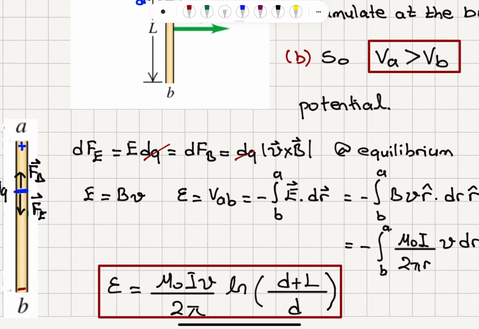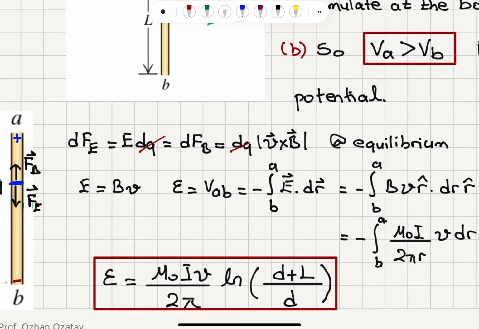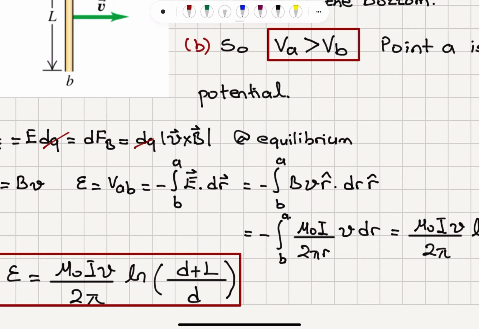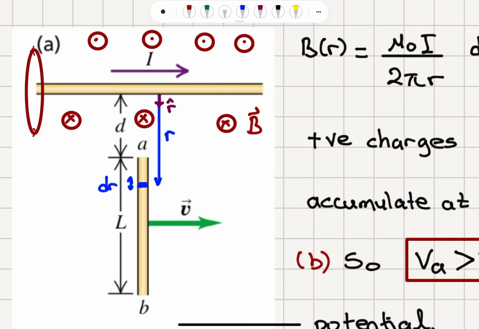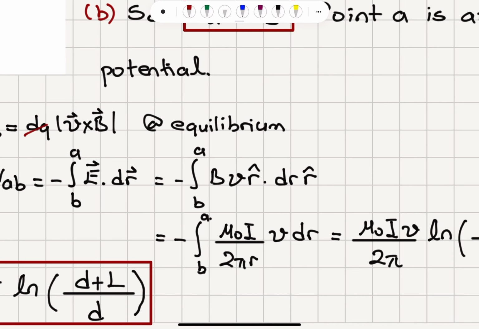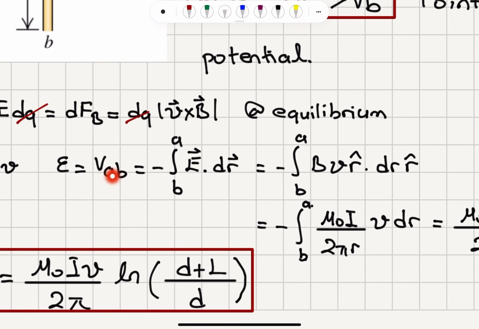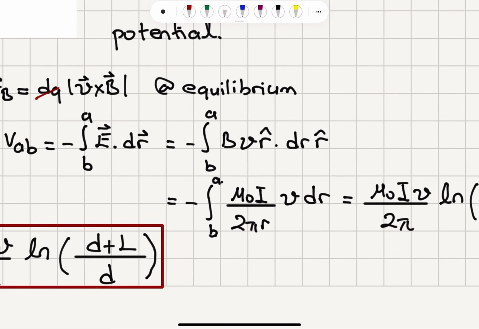Electric field is also radial distance dependent. Dot product with displacement dr in r hat direction. R hat was defined to be with respect to the long straight wire. That's the direction of r. So the potential difference VAB is minus integral b to a E dot dr. So this is VA minus VB that I'm writing.